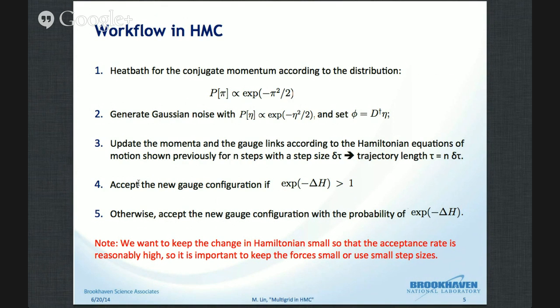Otherwise, you accept the new gauge configuration with the probability of this. So what you really want to do is to keep the change in Hamiltonian small so that you will have a high probability of accepting the new gauge configuration. Otherwise, you get stuck in the phase space.